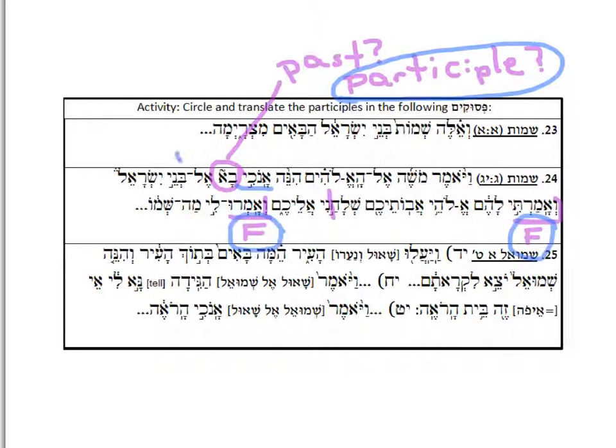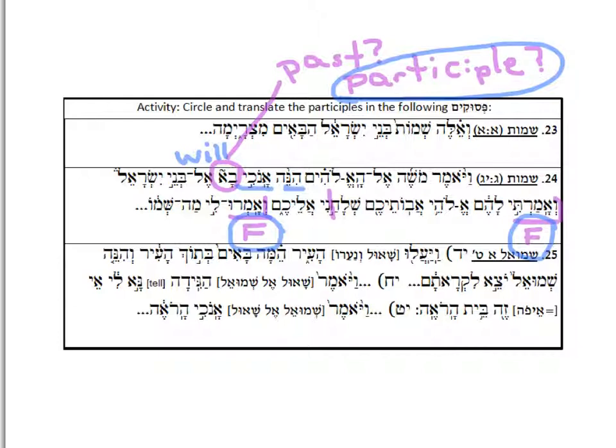So I will come to Bnei Israel very soon, because of Hine, I'll come to Bnei Israel very soon. The Amarti lahem, and I will say to them, dot, dot, dot. The Amruli, and they will say to me, dot, dot, dot. So Anochi Ba is a participle describing the future.